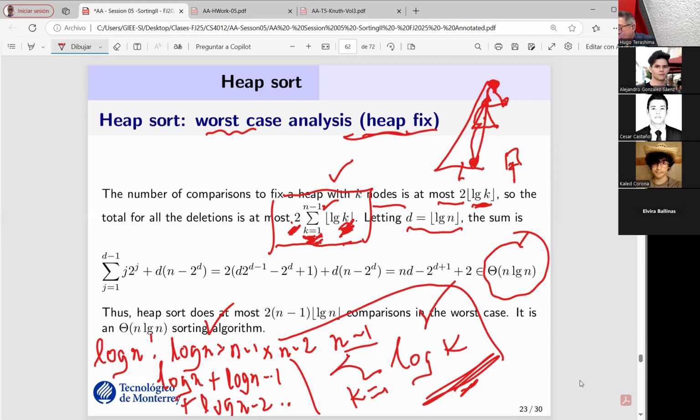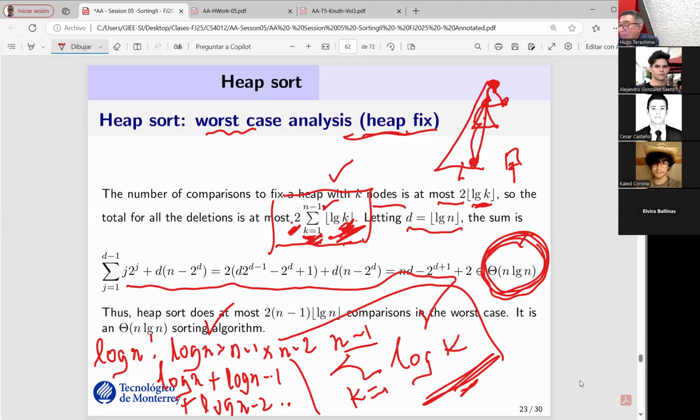Is it true or not? Am I making sense? Yes. So you have this expression. If you solve it, you're going to get all this, but at the end, you're going to have this complexity.